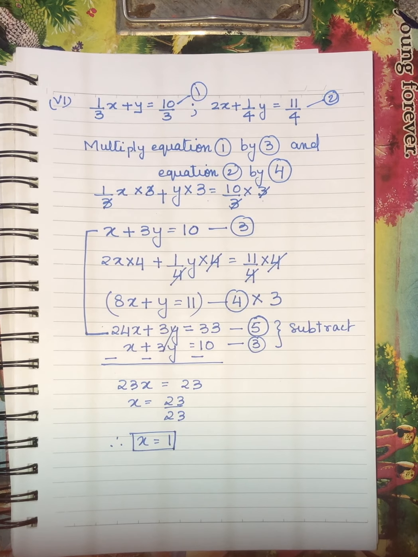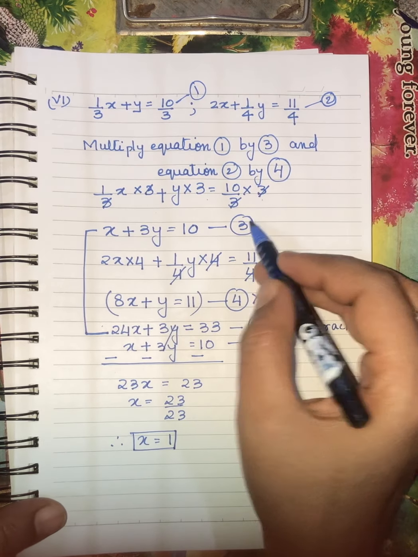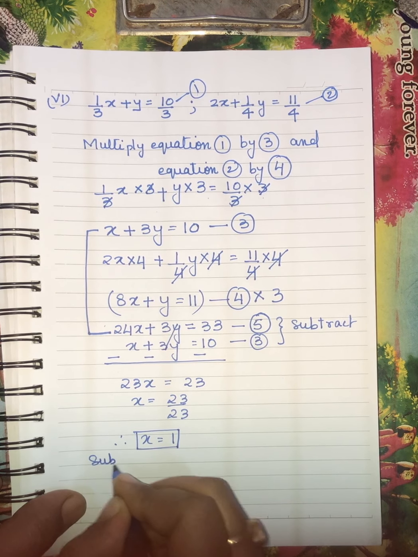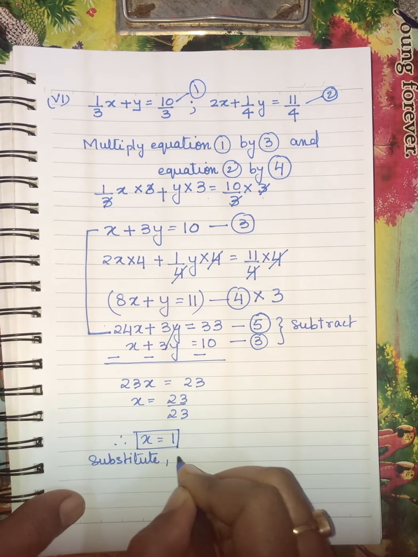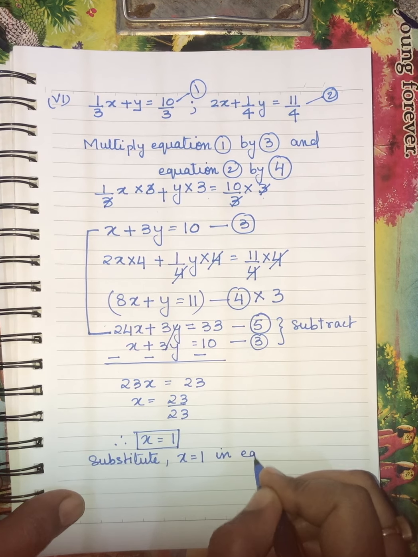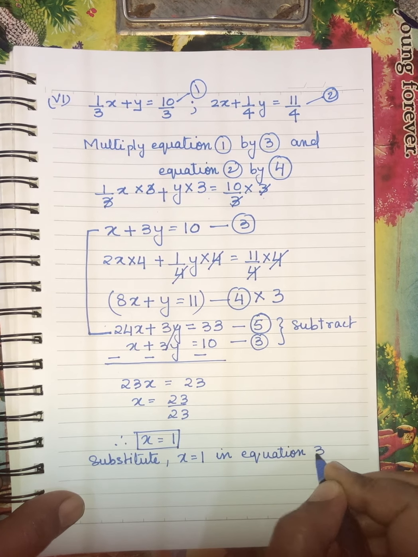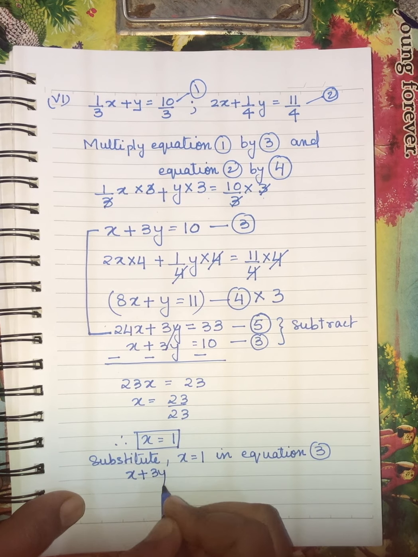Alright children, now put the value of x is equal to 1 in any one of the equations, either 1, 2, 3, 4 or 5. So you can substitute it in any one of the equations. I am putting in equation 3, children. x plus 3y is equal to 10.